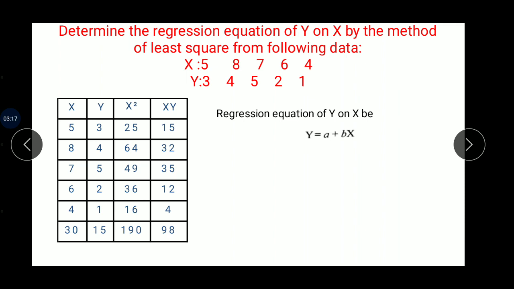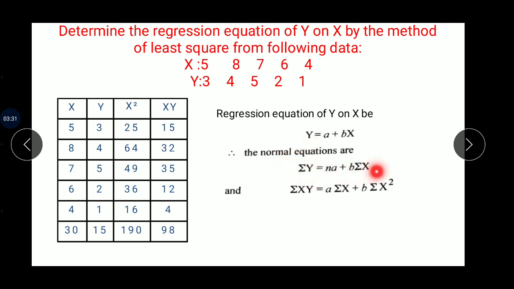This is the regression equation of y on x, y = a + bx. So the normal equations will be summation y = na + b summation x, and summation xy = a summation x + b summation x square.